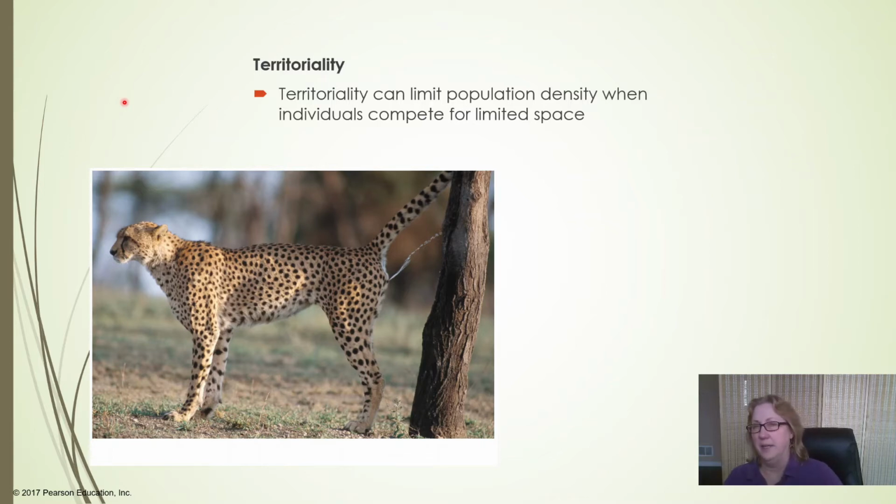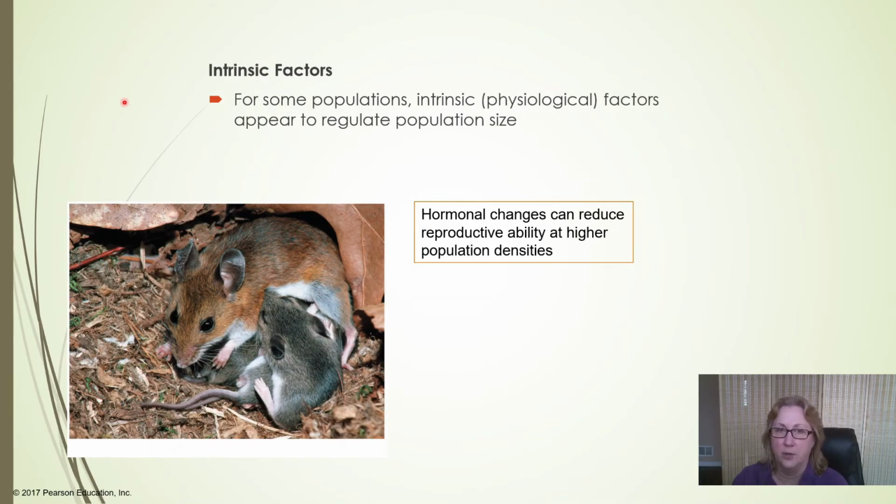That keeps the population density low because they will often actually kill individuals from other groups, and this also forces young adults to emigrate, and it pushes them out. They will often chase away newly sexually mature young individuals because it's too crowded. There's not enough prey. So that keeps population density low.